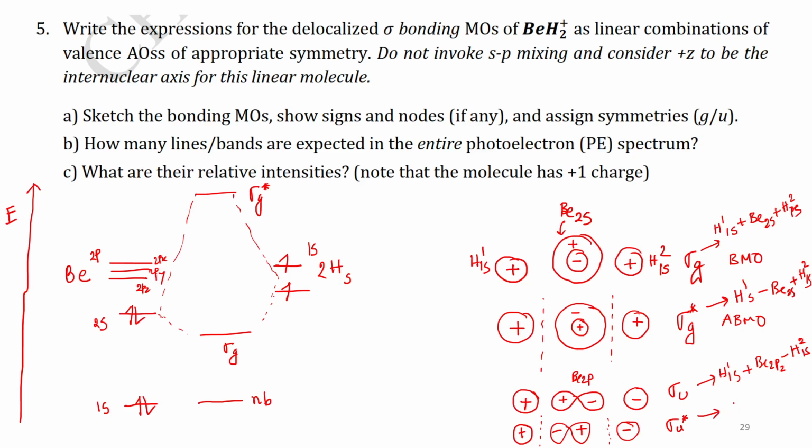So this consists of H1 1s minus beryllium 2pz minus H2 1s.